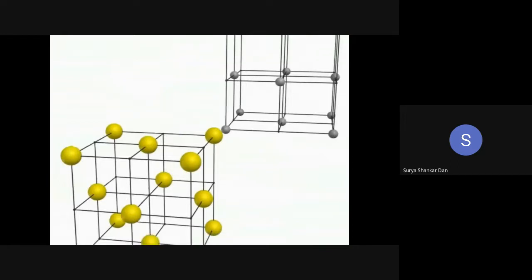So they are interpenetrating. One is going inside the other. So if somebody asks you, what is the crystal structure of germanium? The answer is interpenetrating FCC. So this is the concept. We will understand this in a much better way in the next few classes.